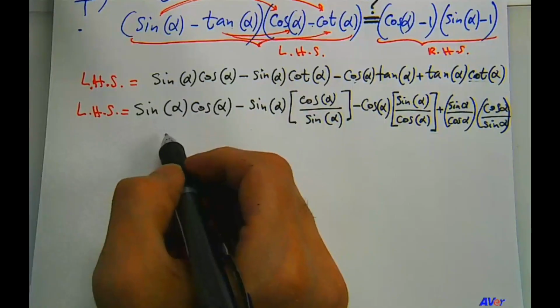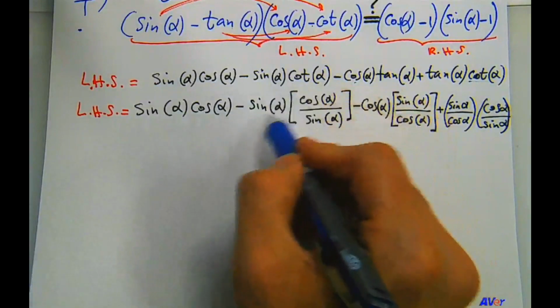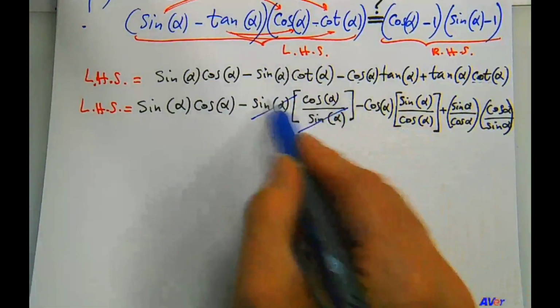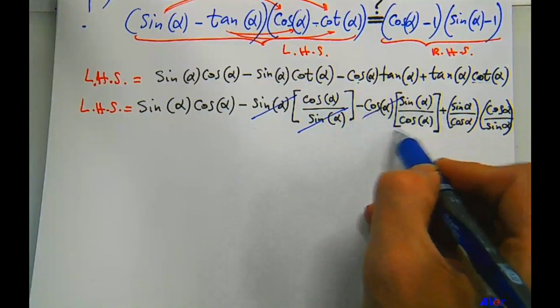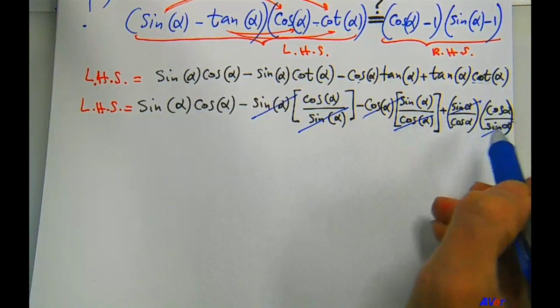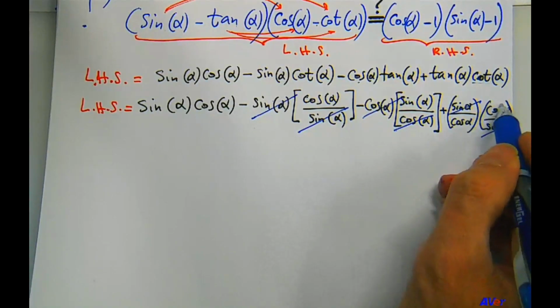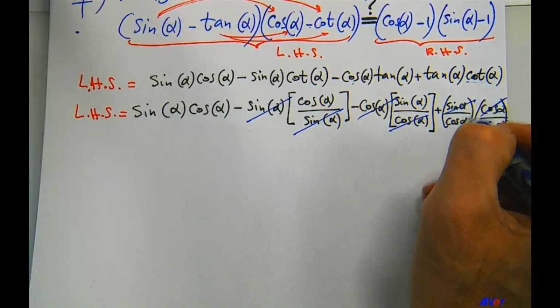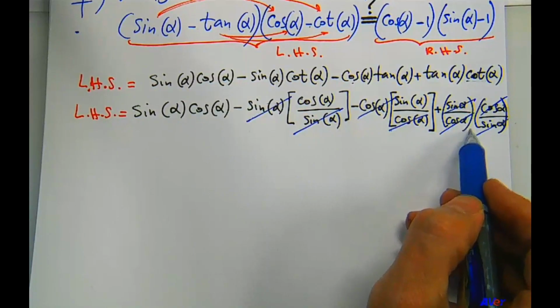Okay, so let's see what we can simplify. Certainly, sine of alpha times this, these two cancel each other out. Over here, cosine alpha times this, they cancel each other out. And when you multiply that sine with this sine they cancel out, and that cosine of alpha cancels out with that. So for the last term, we get plus 1.